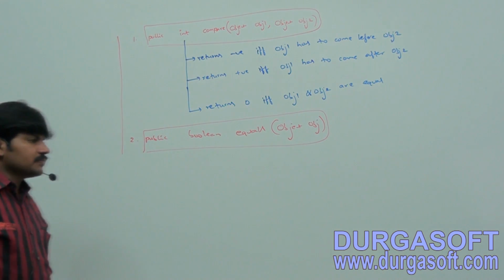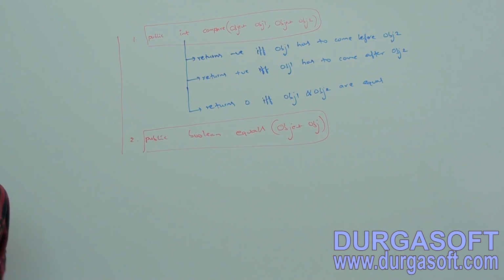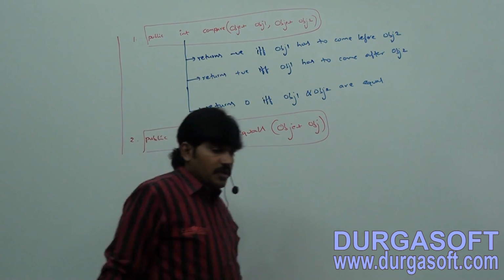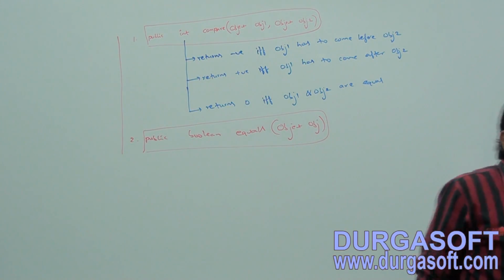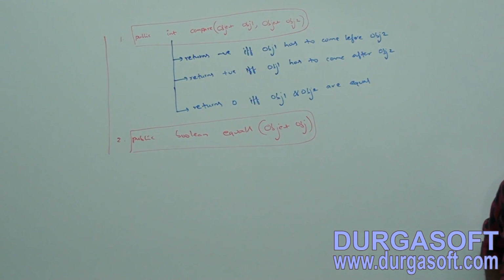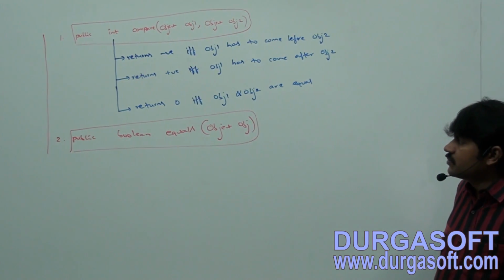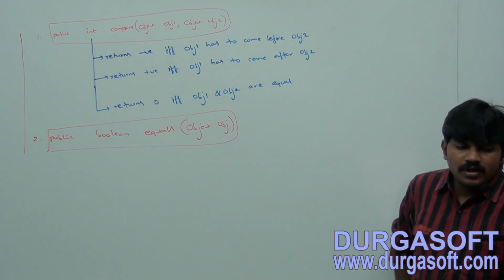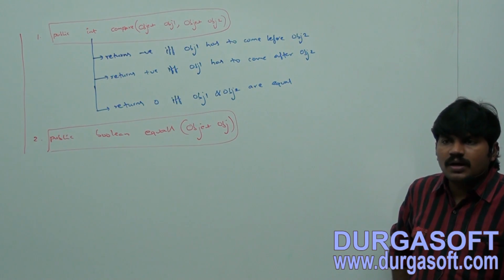Take it clearly. Returns negative if and only if obj1 has to come before obj2. Returns positive if and only if obj1 has to come after obj2. Next, returns 0 if and only if obj1 and obj2 are equal.